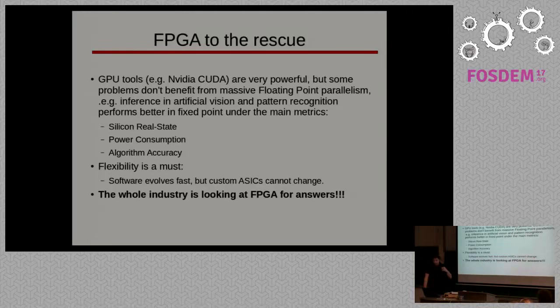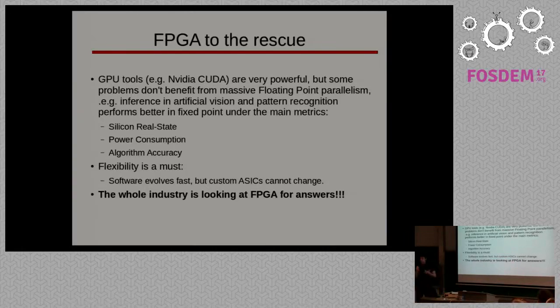The point is that this looks very promising, but there are some algorithms for which this approach doesn't fit very well. For example, inference in artificial vision: you might suppose that using floating point arithmetic is a very good idea, but it's not. Empirical tests show that by using fixed point arithmetic, you might improve almost all of the metrics.